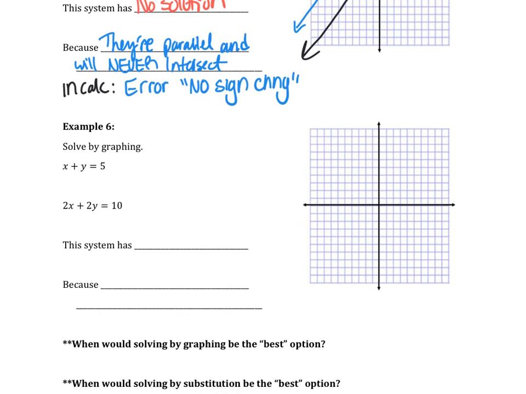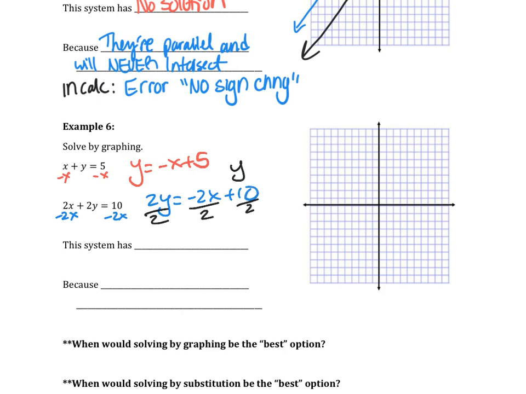So we have, to get y by itself, we have to subtract x. In the second one, we subtract 2x from both sides. And then divide everything by 2. So we can see here that our two equations are identical. And so that means that we have the same line.